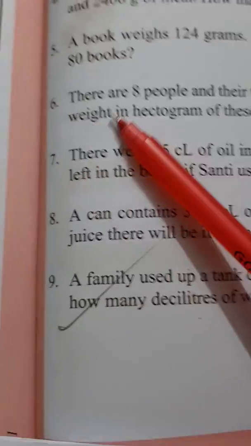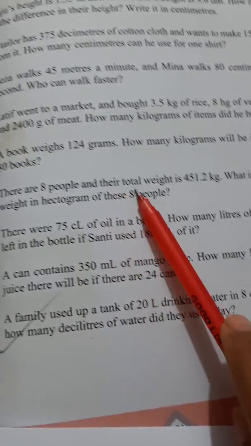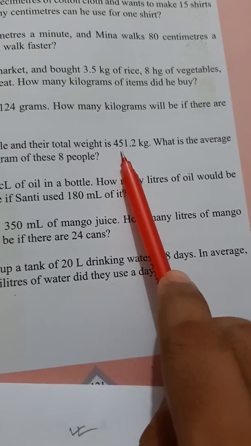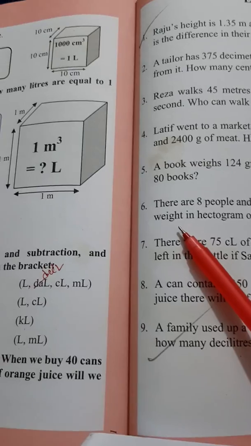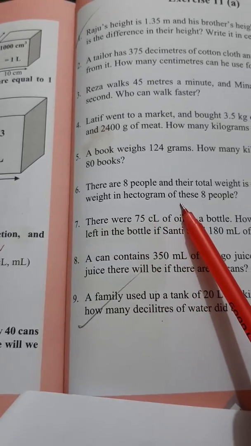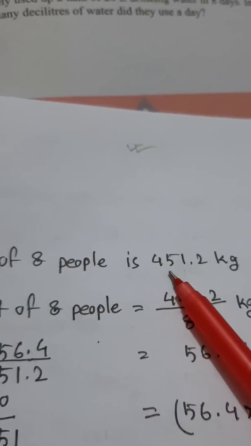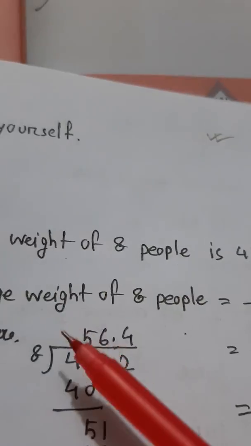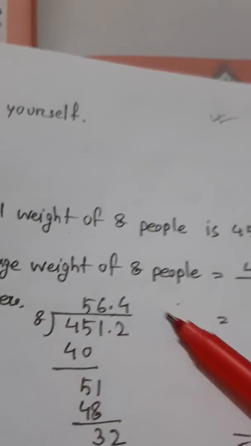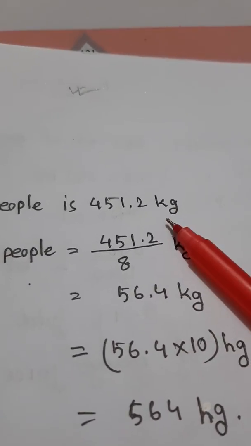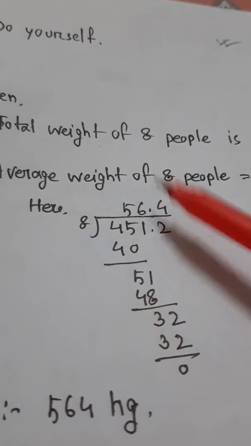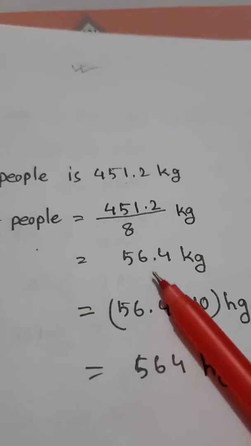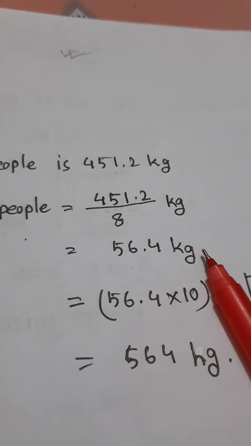Number 6. There are 8 people and their total weight is 451.2 kg. What is the average weight of these 8 people in hectograms? The total weight of 8 people is 451.2 kg. The average is the total weight divided by 8, so we get 56.4 kg.